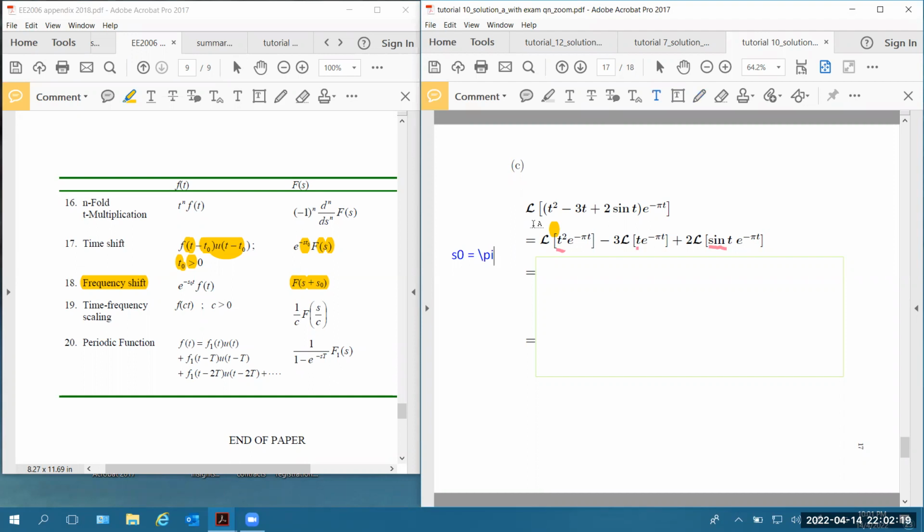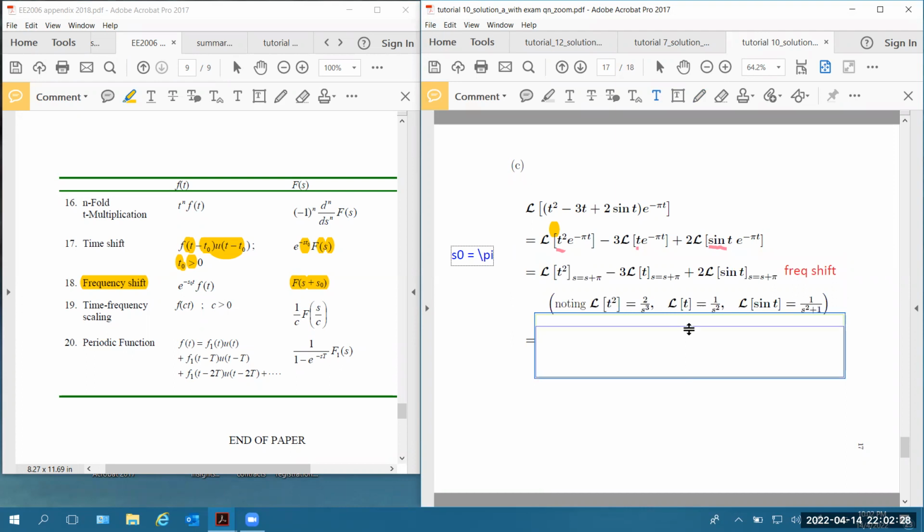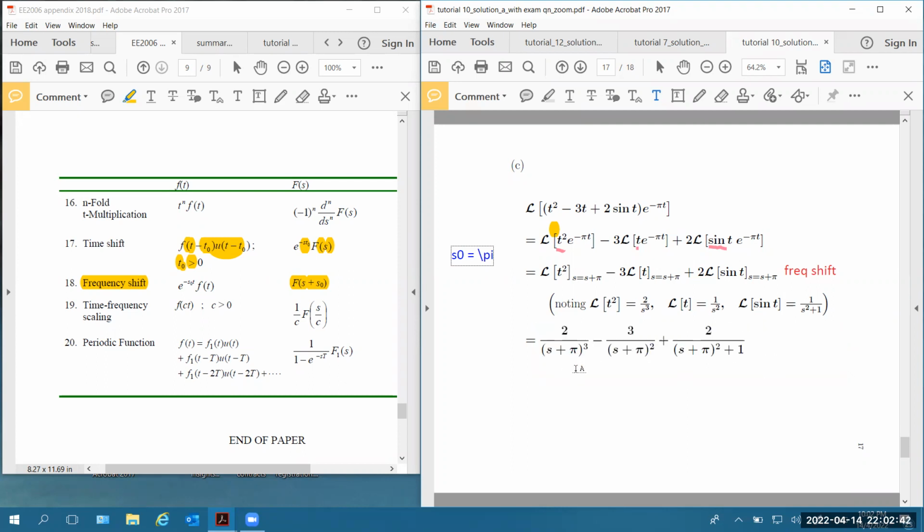So that is your pi here. By our frequency shift, this is my f(t), this is a capital F(s), and then your s wants to shift to s plus pi. That's why you get all these, and this is what you have eventually. So it's capital F with the argument s plus s0, so there's your s plus pi.